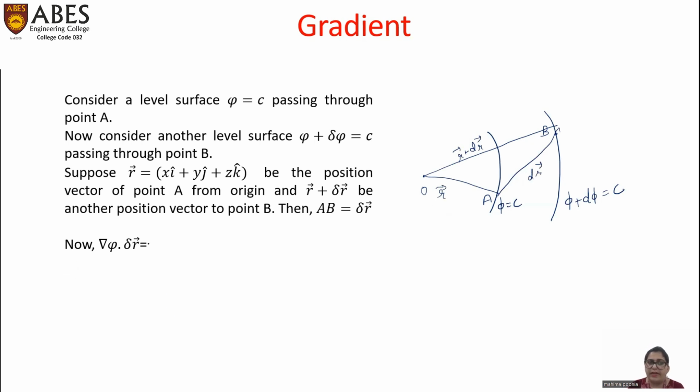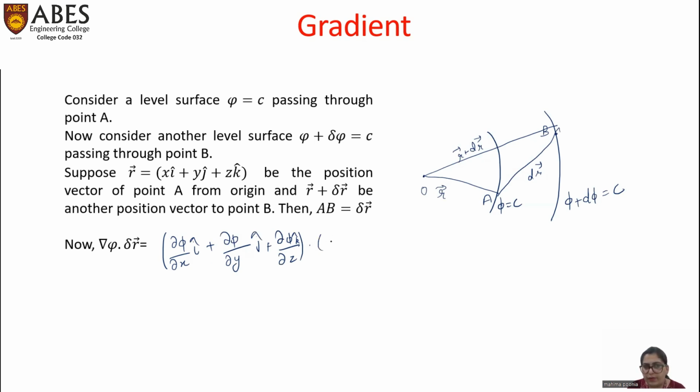The gradient of phi will be calculated by taking the partial derivative of phi with respect to x times i cap, plus the partial derivative of phi with respect to y times j cap, plus the partial derivative of phi with respect to z times k cap, and your position vector r is given by x i cap, y j cap, z k cap.